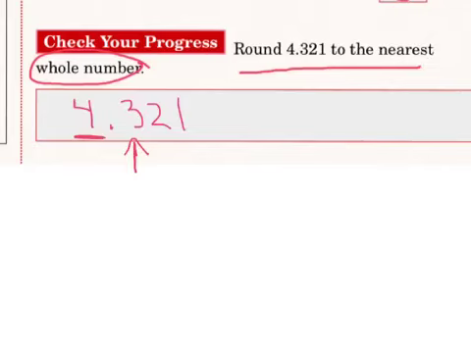So your answer should have been 4. So you're going to leave the 4 the way it is, and you're going to drop all the numbers to the right of the digit that is being rounded. So your answer should be 4.